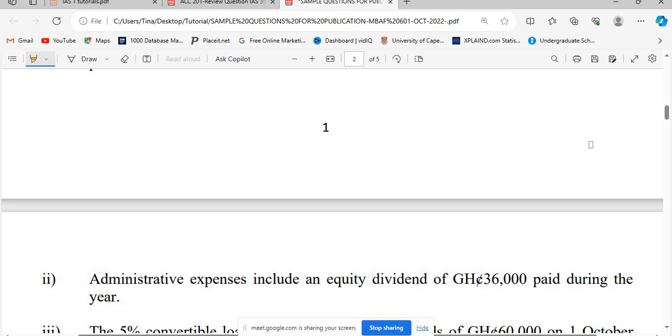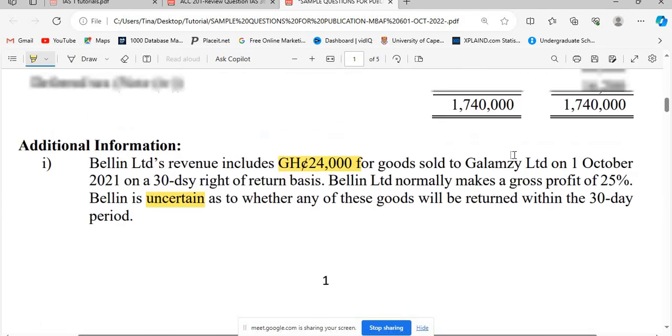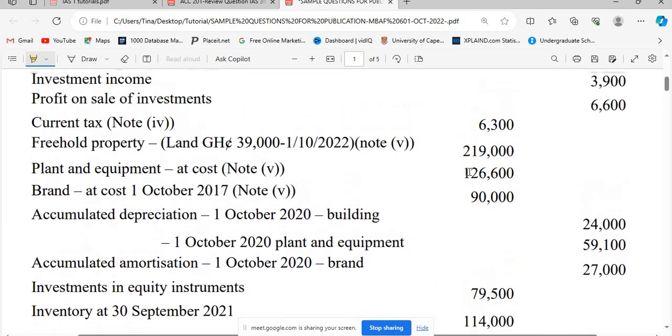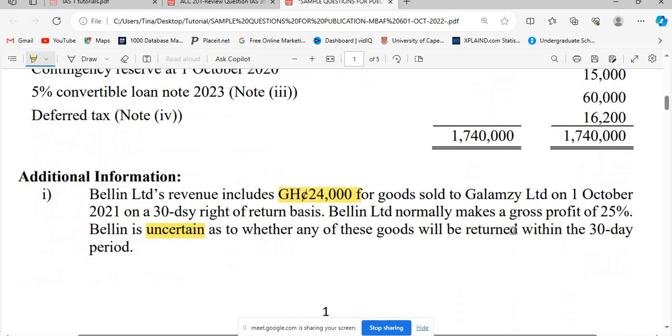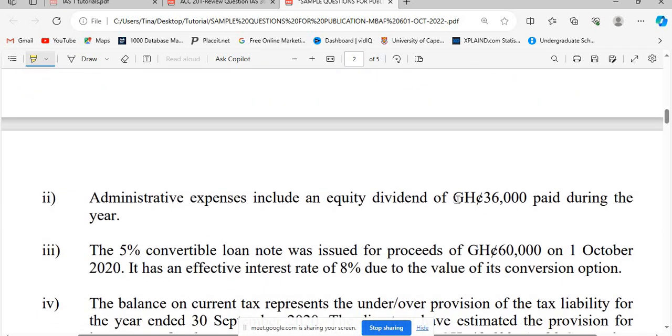So administrative expenses include an equity dividend of 36,000 paid during the year. So this is our administrative expense, right? So this amount has an equity dividend of 36,000 paid during the year. Let's break this down.